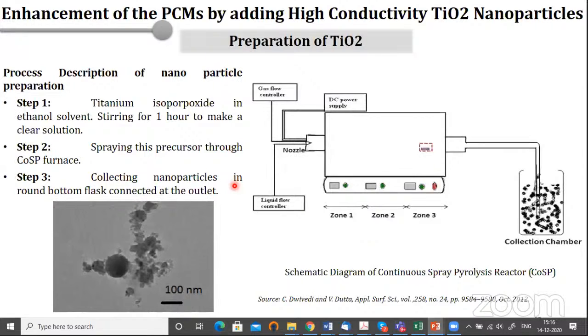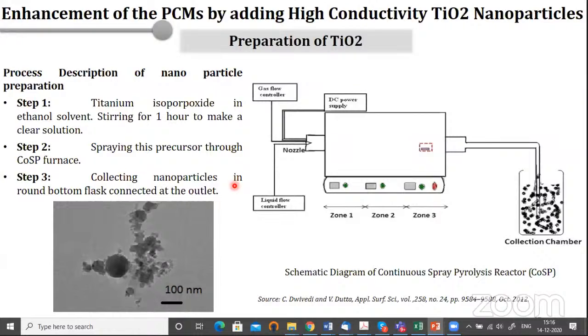Coming to the introduction of nanoparticles in the phase change material, you have seen that we introduced graphene nanoplates with the phase change material. Graphene nanoplates are not always a very good solution. Of course, they can increase the thermal conductivity, but when we compared the efficacy of that system with the fins, it was not performing.